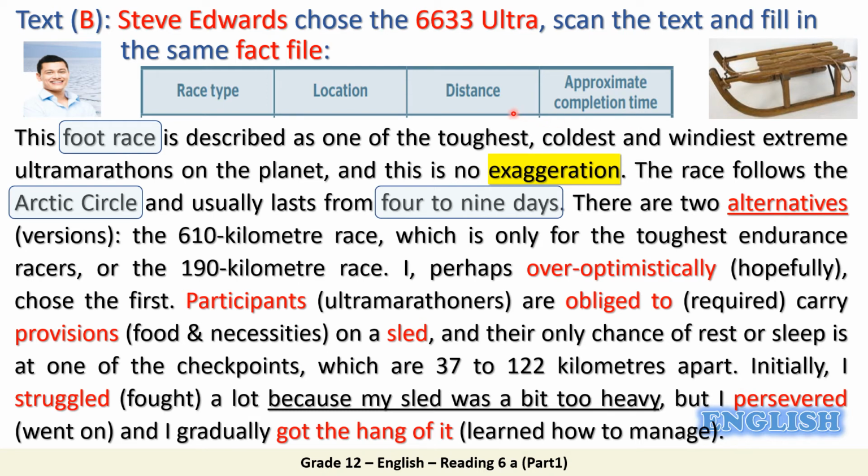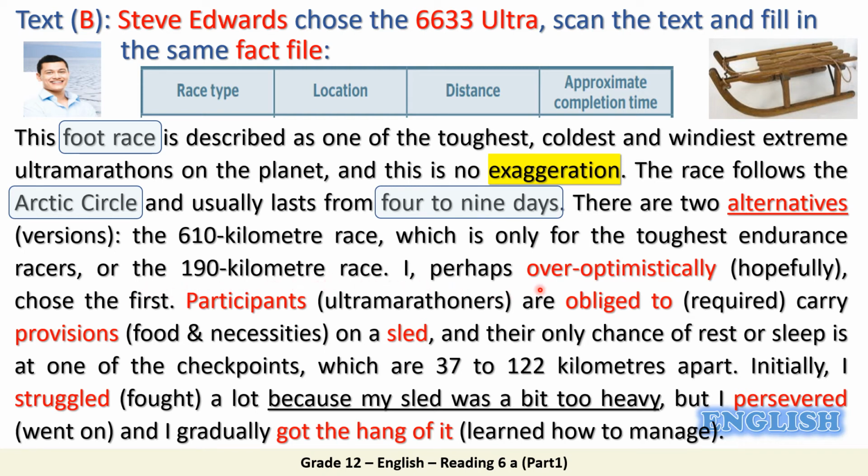How about the distance? I think that the distance is very clear right here. But concerning the distance, there are 2 alternatives. 2 versions. The 610 kilometer race, which is only for the toughest endurance racers, or the 190 kilometer race.